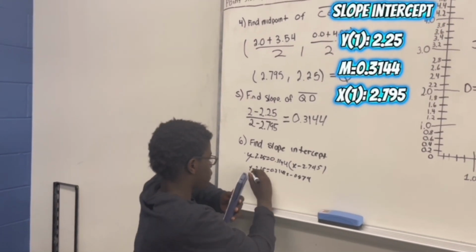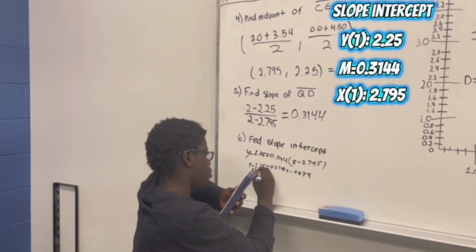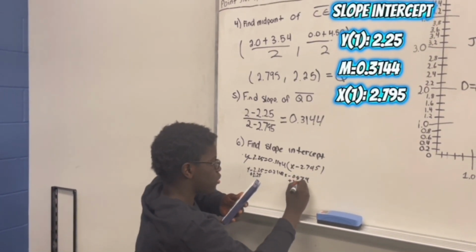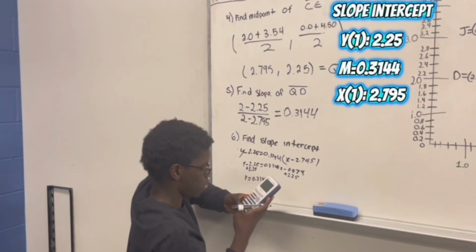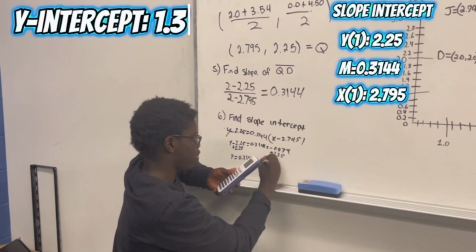Now our next step, we have to get y by itself here. So we would add 2.25 to each side, plus 1.371.